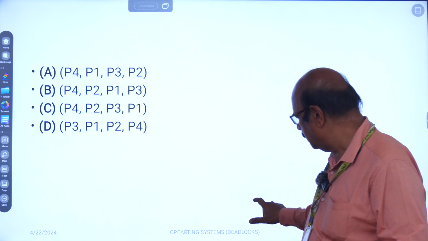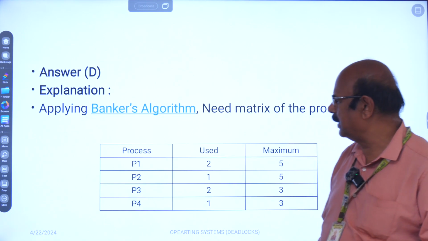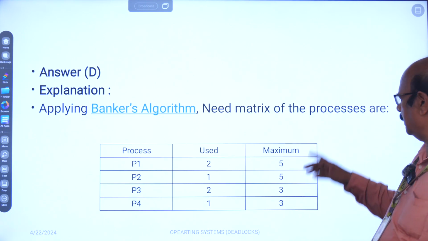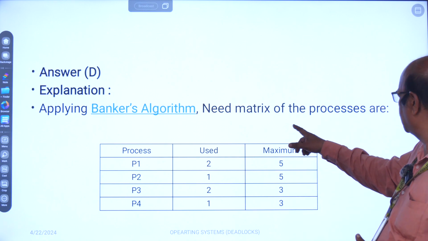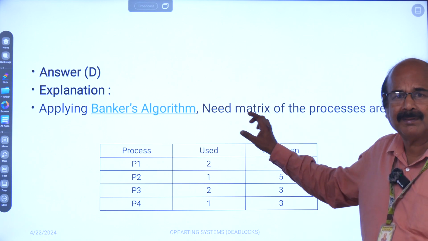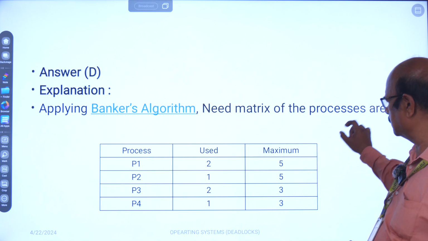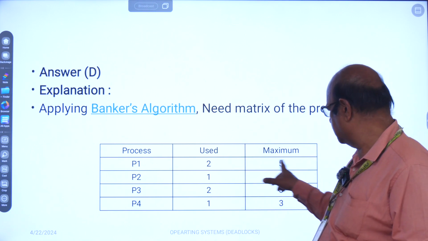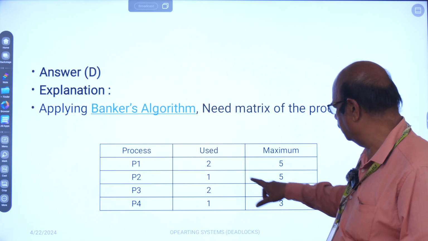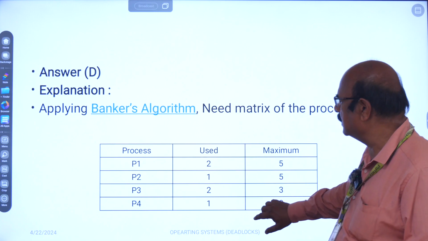So let us see the explanation by applying the Banker's algorithm. By applying the Banker's algorithm, what is the need for the resources for each process? Maximum 5, 3 they have given.